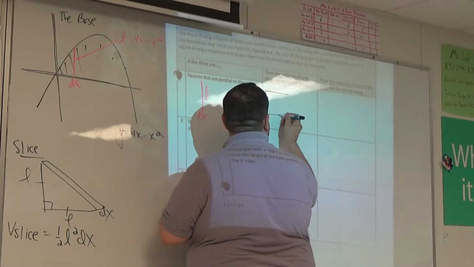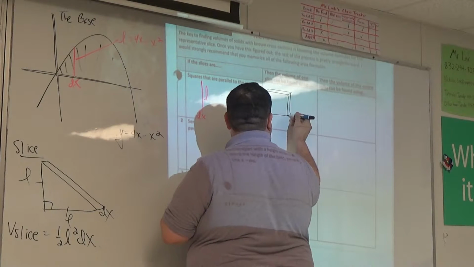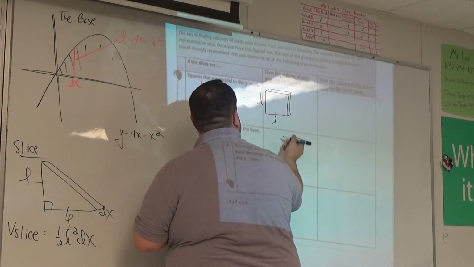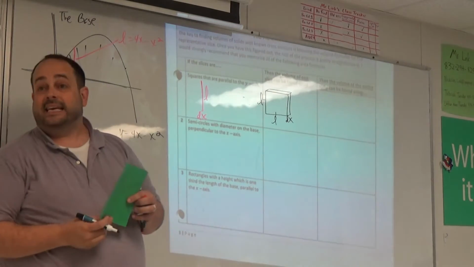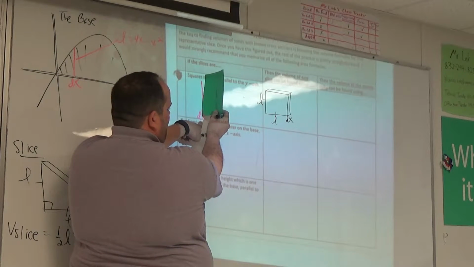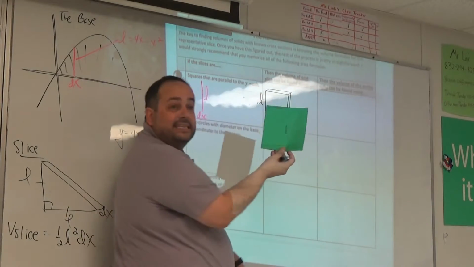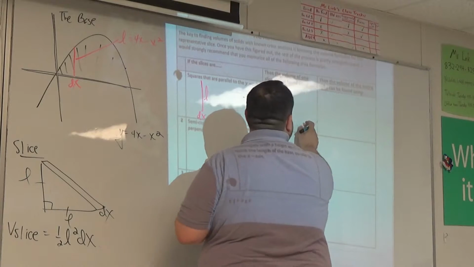So I'm going to have a square with a little bit of thickness. If this piece is L, then that piece is L, and the thickness has to be dx. I've made my slice. It's a dx kind of square slice, and I'm just laying it flat so I can see it. What's the volume for a slice?